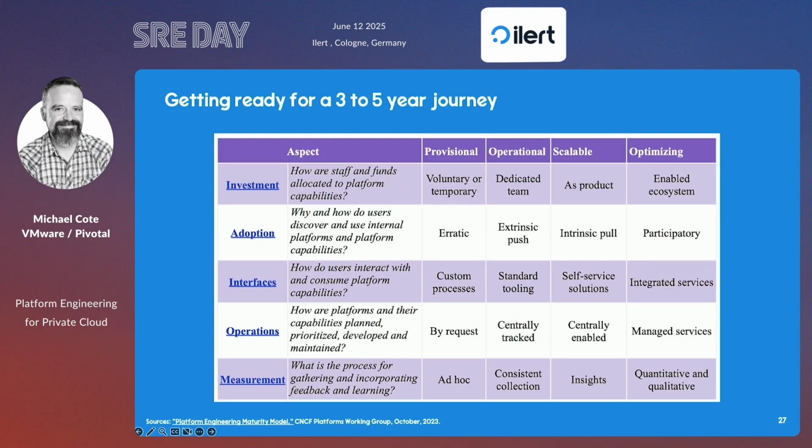So the last thing, and there's another CNCF working group that has a cloud platform maturity model, which I recommend you read if you're interested in this kind of thing, especially in large organizations, is setting expectations about how long it's going to take, the various phases of what you're doing. And this paper is pretty good for its length at giving you a sense of what the journey, as we like to say, is going to look like.